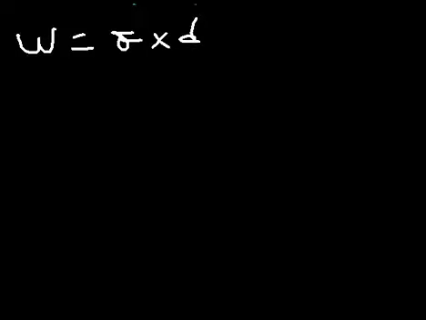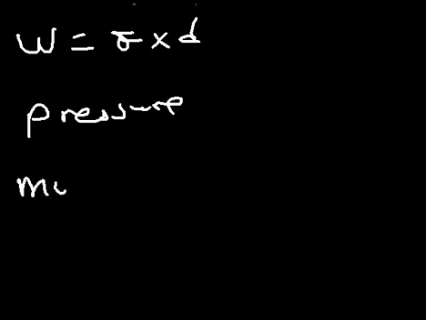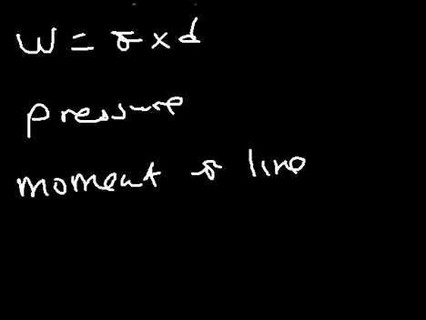Also, at your own time, try to find the dimensions of the following quantities. Let's say the pressure. What is the dimension for pressure? You should also try moment of inertia. Try to Google or use whichever source to find the dimensions of the following quantities. What is the angular velocity?